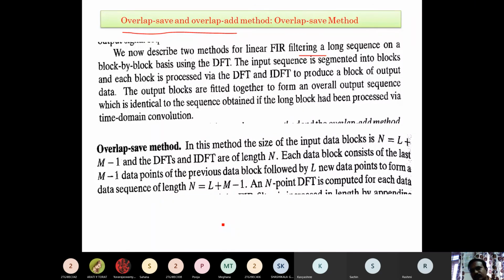We send the complete long sequence signal, and the machine takes all the signal and splits it into a number of samples. Then it performs the segmentation, and each segment goes through DFT and IDFT. At the output side, all the results will be added up.